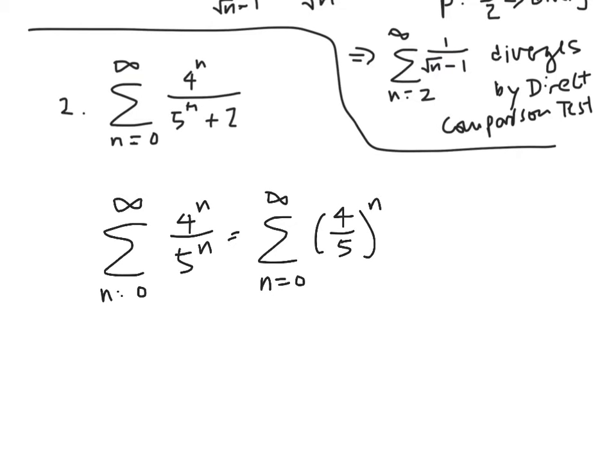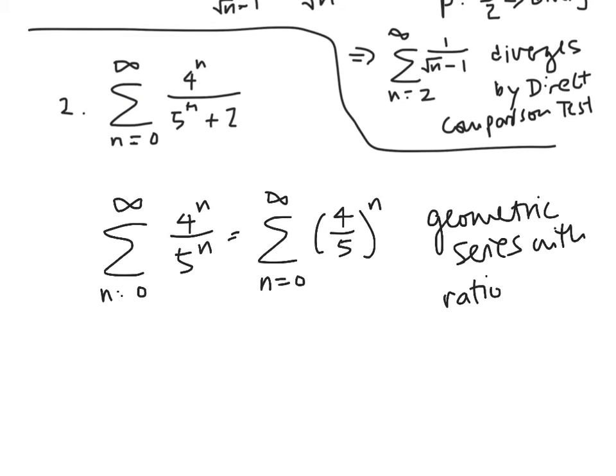This is a geometric series with ratio 4/5. That's less than 1. So what it means is that this series converges.